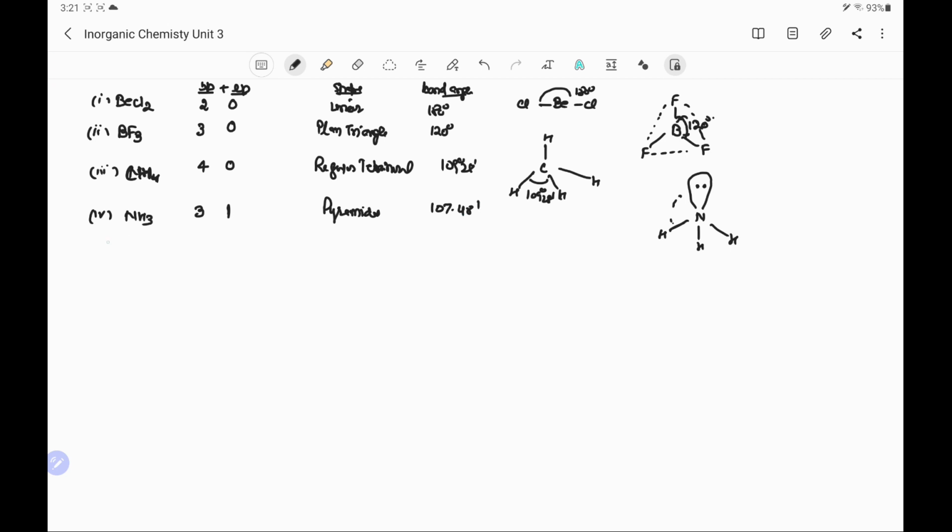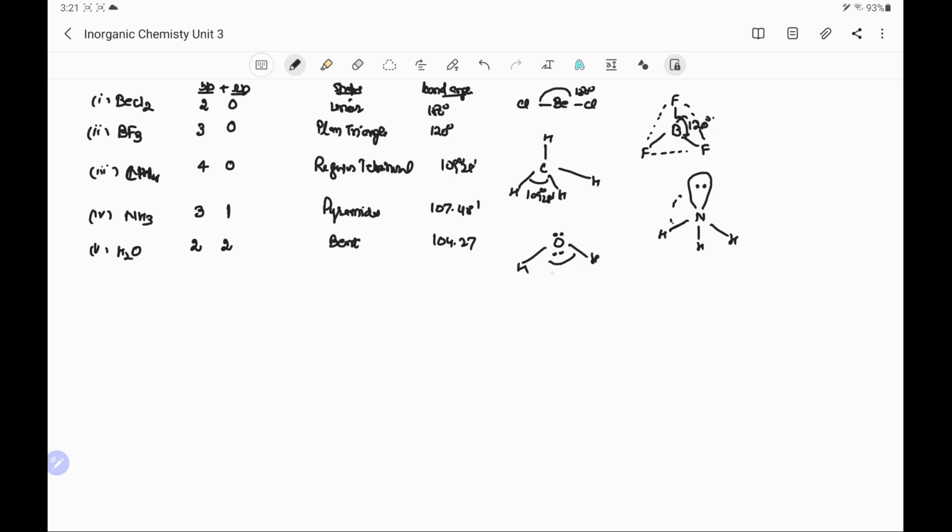Similarly, if we check H2O, here there are 2 bond pairs and 2 lone pairs. These 2 lone pairs are on the oxygen and the shape is bent. And the angle between the bonds is 104.27. If we see the shape of H2O, this is the O, it has 2 electron pairs and these are the bonds.